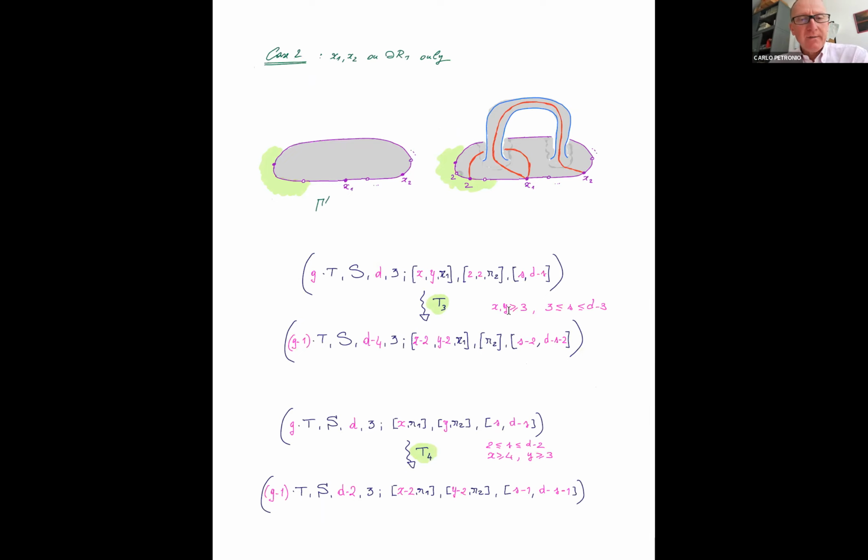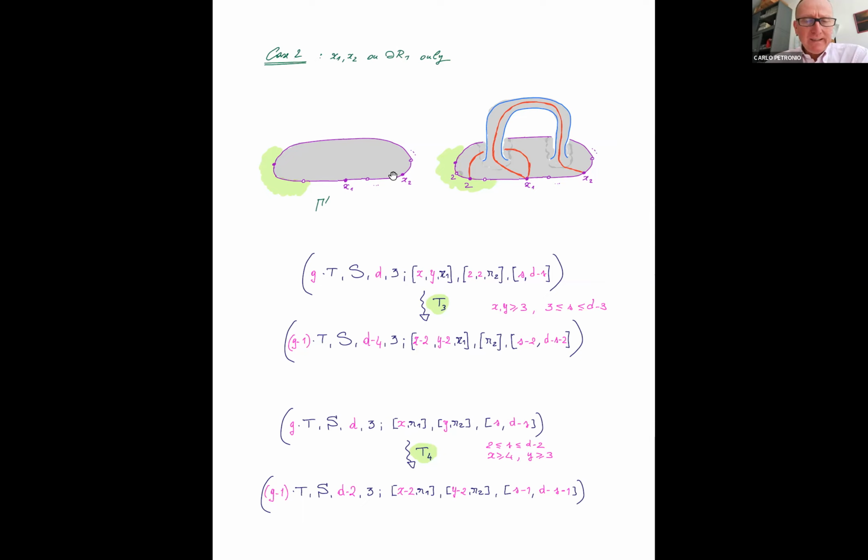So it could be that X1 and X2 are completely surrounded by the gray region. I forgot, I should have shaded this piece outside here, because this is a case where you have to do something different.